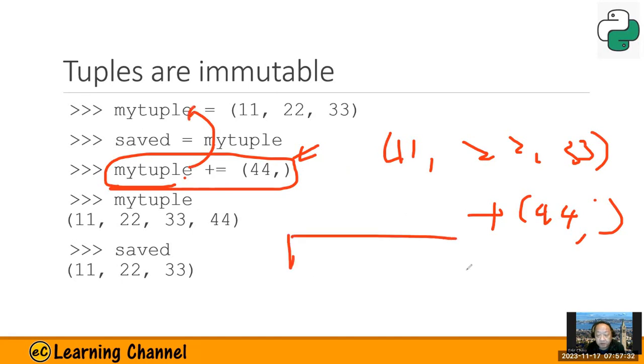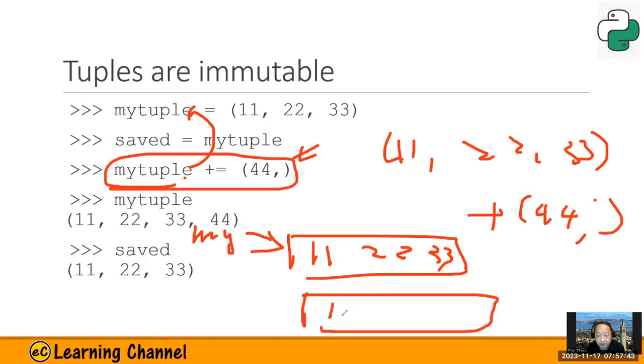So, for example, you already have the (11, 22, 33), and this my tuple is pointing to it, and then you create a new one with (11, 22, 33, 44), and your my tuple pointing to here, and then will remove the link to the original data.